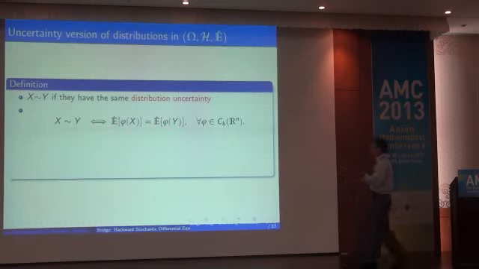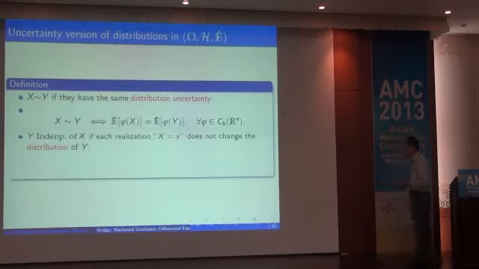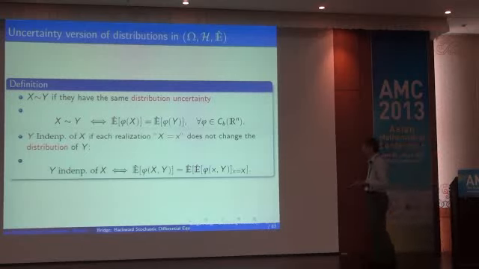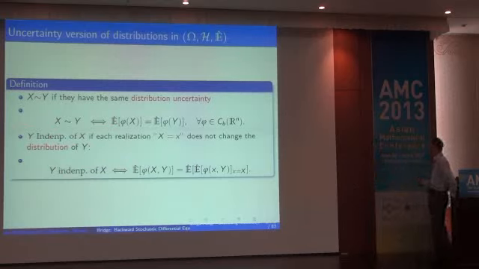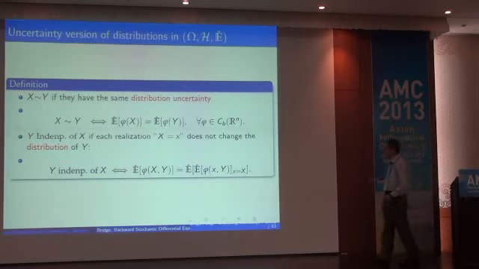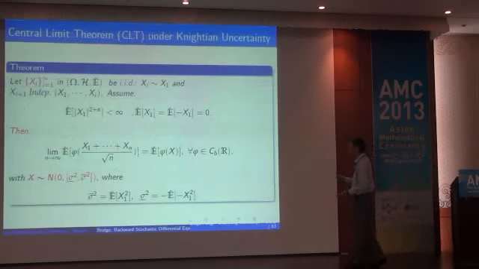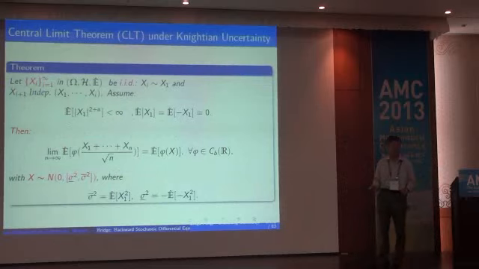This is classically correct, but here the meaning becomes that the uncertainty distribution subset of X is the same as the uncertainty distribution subset of Y. And we can also introduce independence under such kind of nonlinear uncertainty.